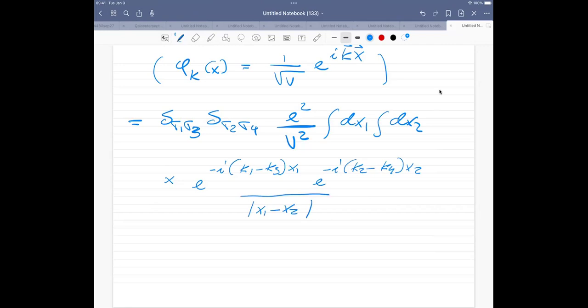So what I'm going to do now is look a little bit closer at this specific integral and what we can expect from it.